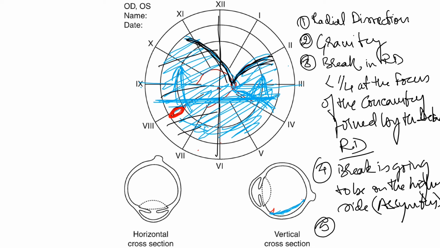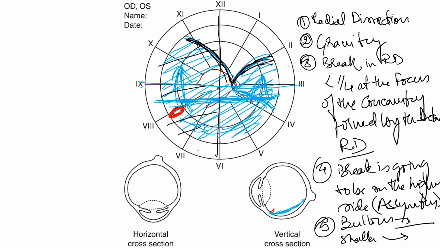Number 5, the rule would be that if it is bullous, then it has to be above the horizontal meridian, and if it is shallow, then it is below the horizontal meridian. So if we can remember all these 5 rules, most of the times we should be able to predict the location of a retinal break in a case of retinal detachment.